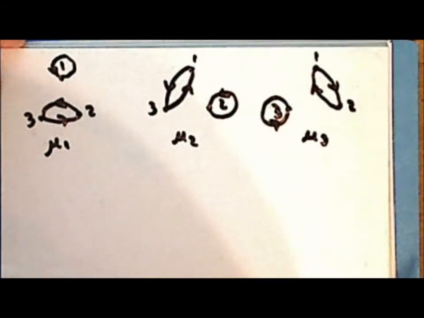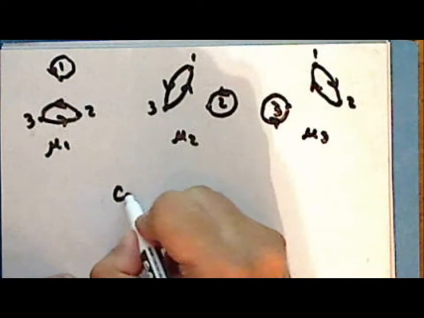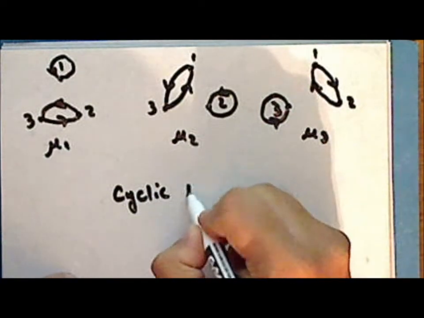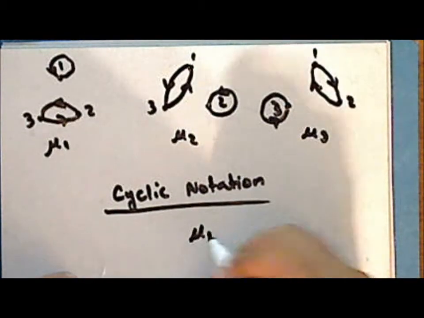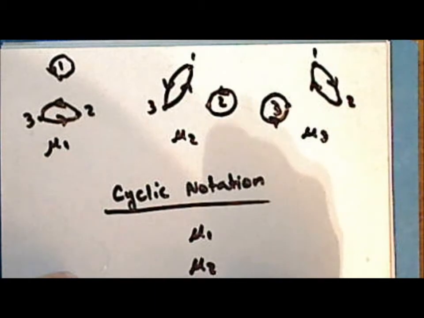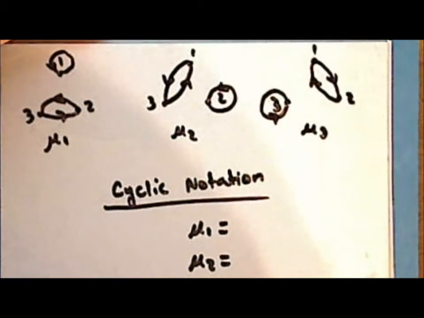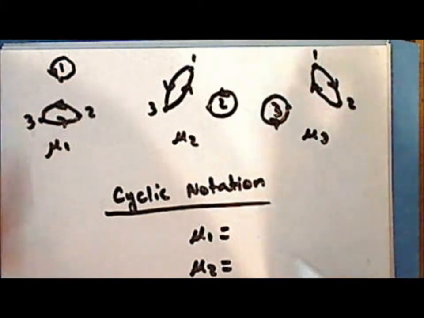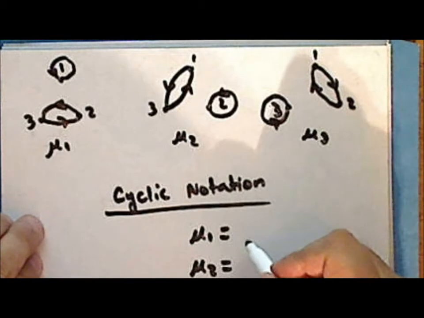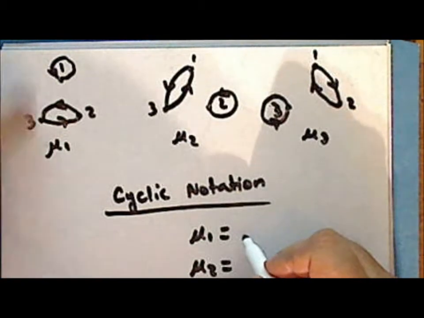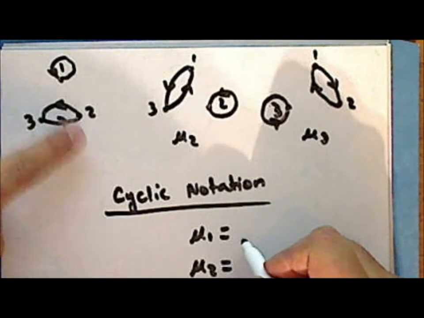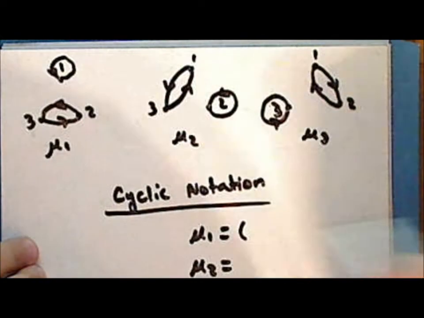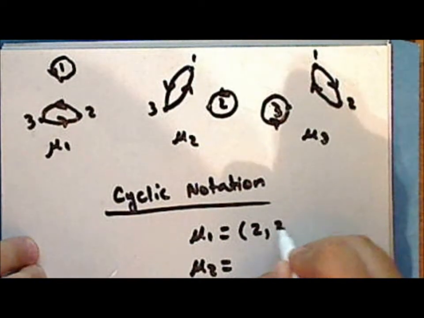So let's look now at what we call cyclic notation of permutations. We'll look at mu sub 1, mu sub 2, and mu sub 3 first. For cyclic notation, we show the complete cycles and leave out the loops. So for instance, in mu sub 1, we have a loop from 1 to itself and a cycle from 2 to 3 and then 3 to 2, and we represent this way, (2 3).